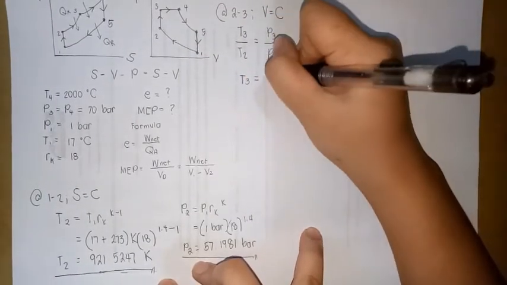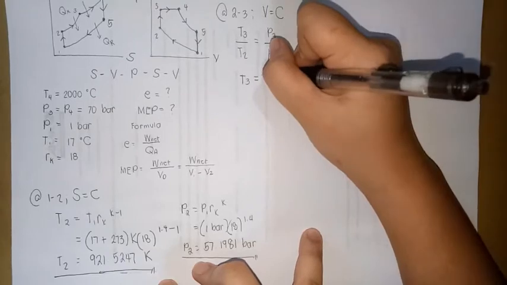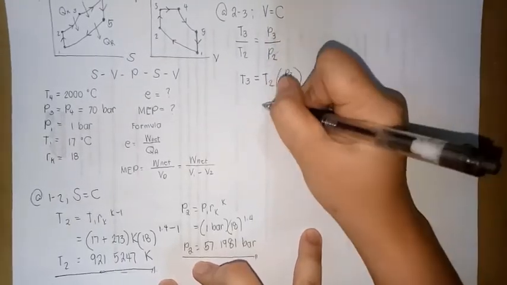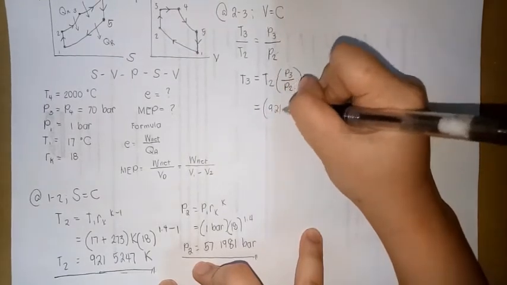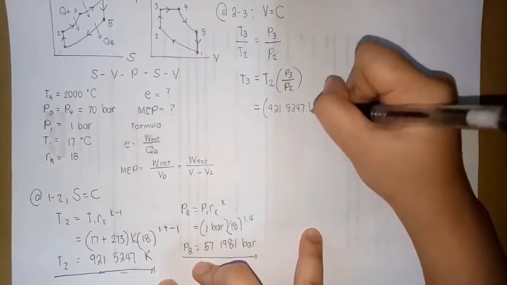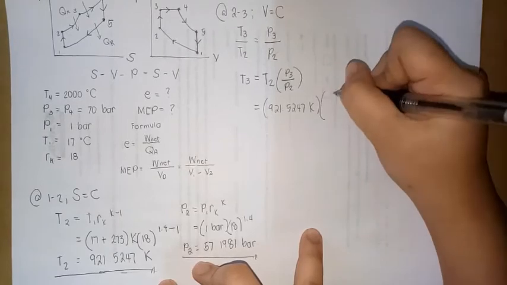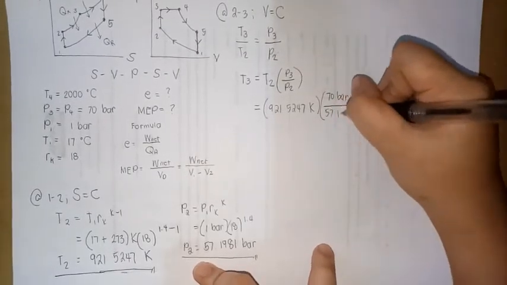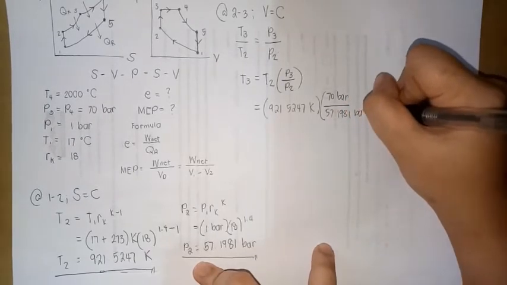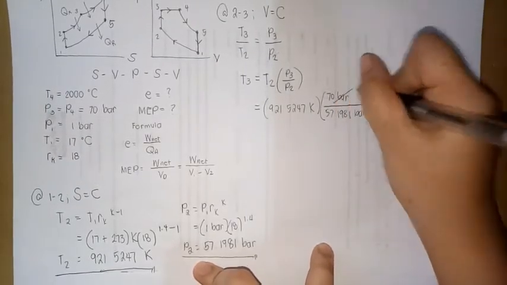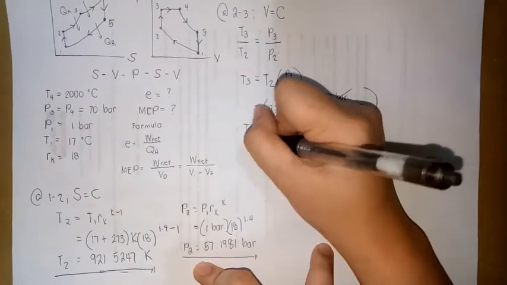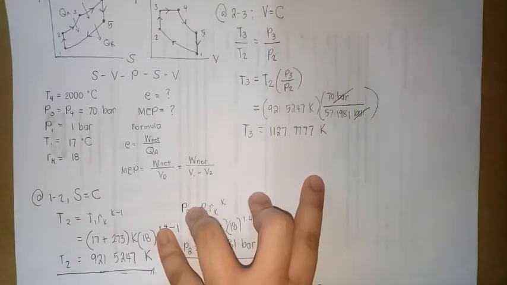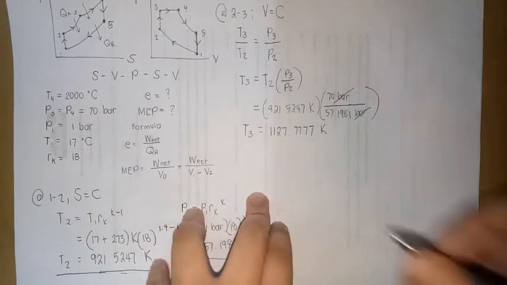T3, by cross multiplication, is equal to T2 times P3 over P2. Substituting the values, 921.5247 Kelvin times P3, which is 70 bar, divided by P2, which is 57.1981 bar. T3 is equal to 1127.7777 Kelvin.